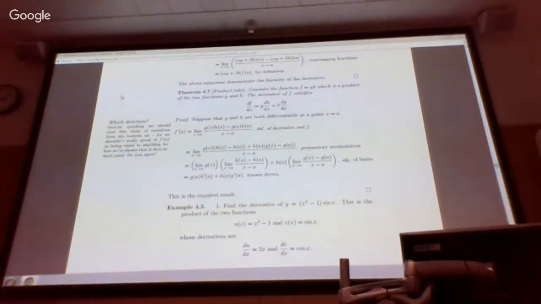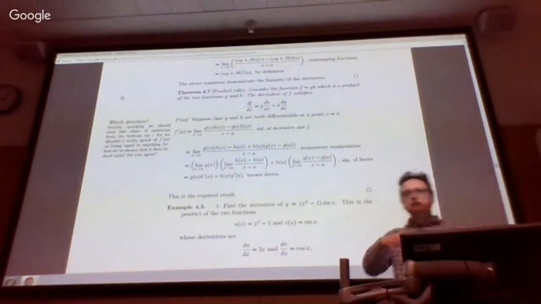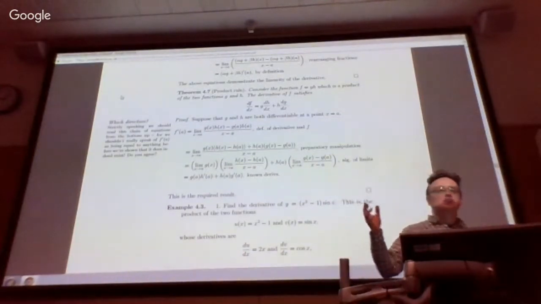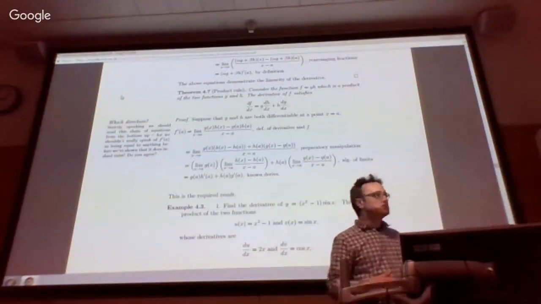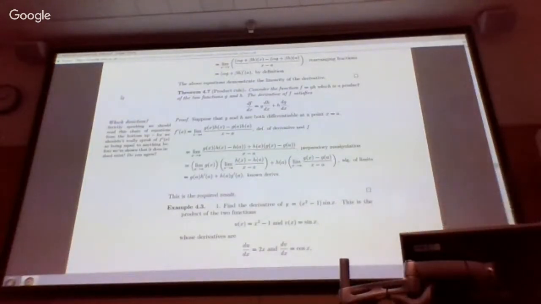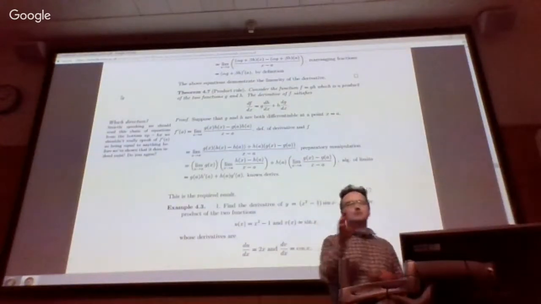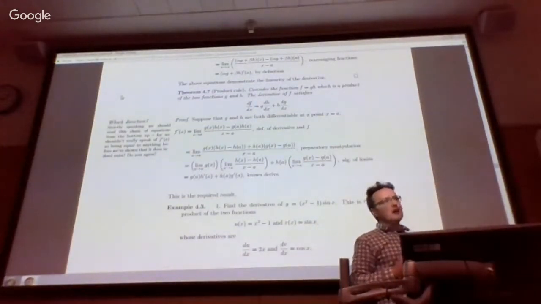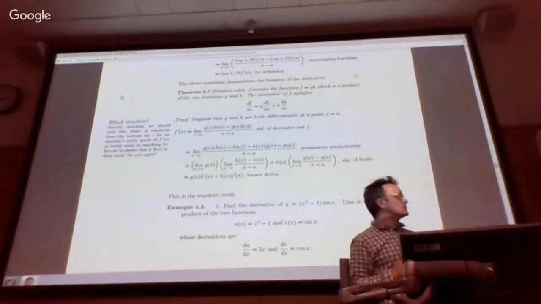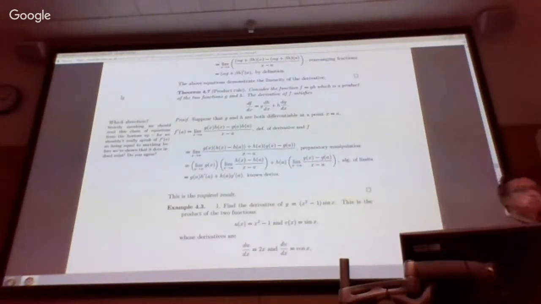Because it kind of seems reasonable to say that the derivative of a product is the product of the derivatives. Because it worked for limits of sequences, it worked for limiting values of functions, but it does not work at all for functions. Okay, maybe in some extreme or very particular circumstances, but it is not true in general.